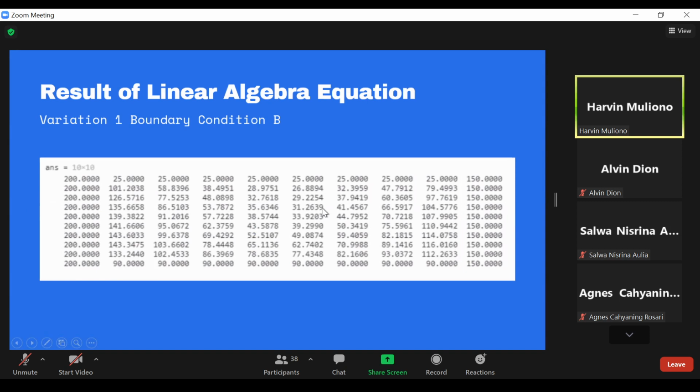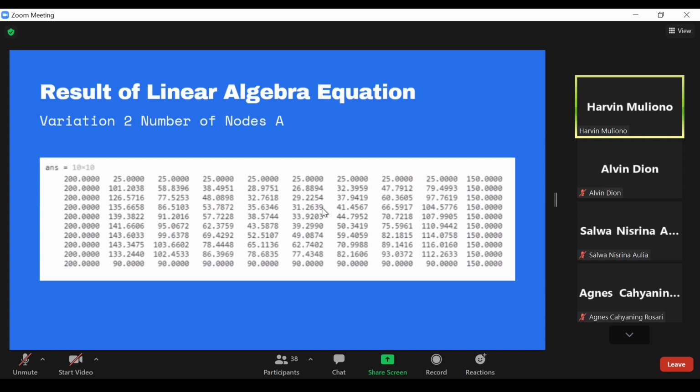In this variation, the temperature increases from the upper to the bottom side, and decreases from the left to the right side. Same as before, the lowest temperature is in the middle of the plate, 39.2990 degrees Celsius.